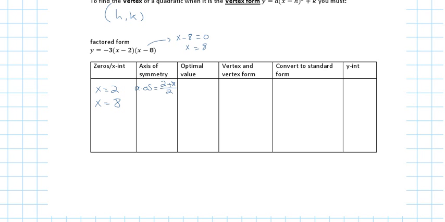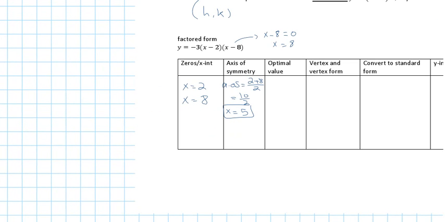So that's going to be 5. So my axis of symmetry is x equals 5. So here's what I have so far: the first zero at 2, the second zero at 8, and the axis of symmetry at 5.